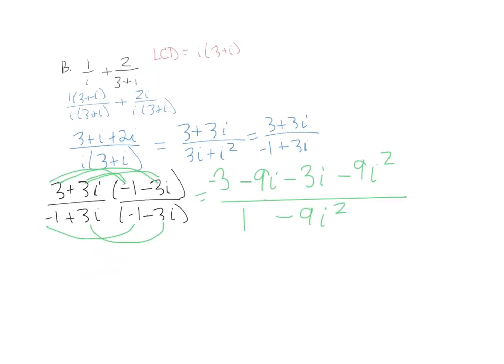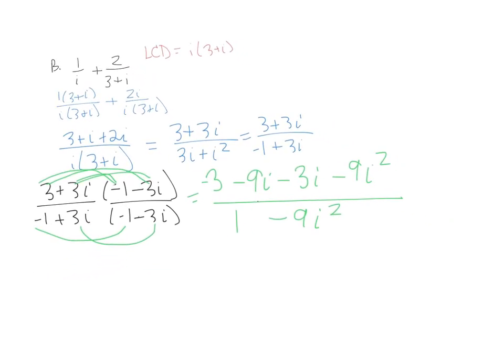So now let's simplify on the top. So we have negative 3 here, and this negative 9i squared. i squared is negative 1, so that becomes negative 9 times negative 1. So that term becomes positive 9. So negative 3 plus positive 9, that gives us 6.